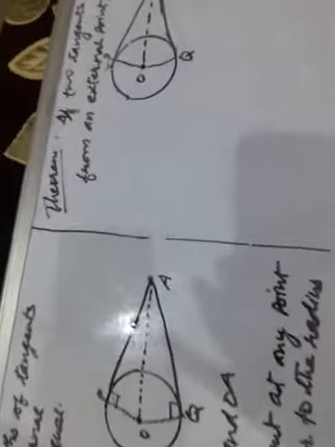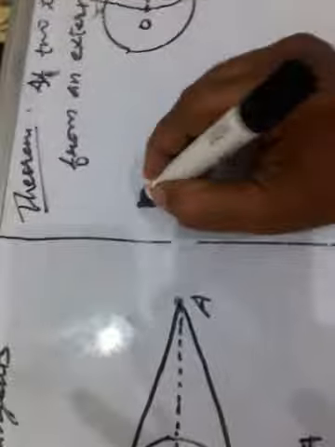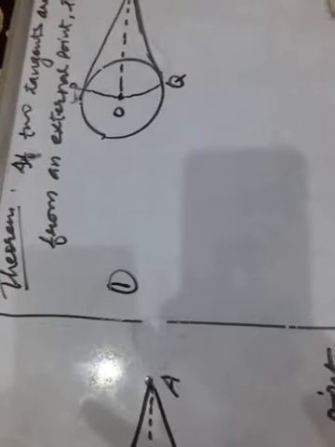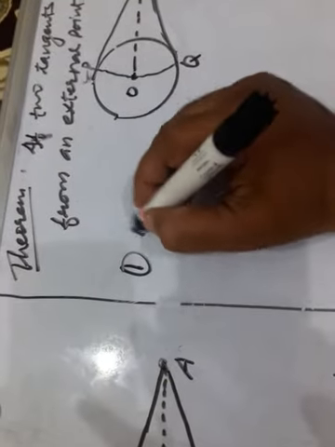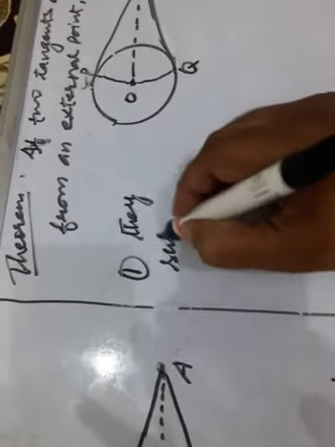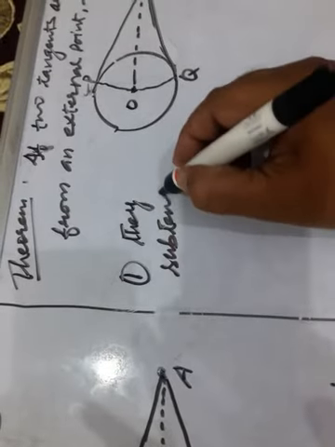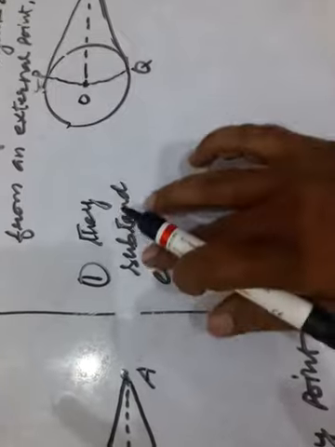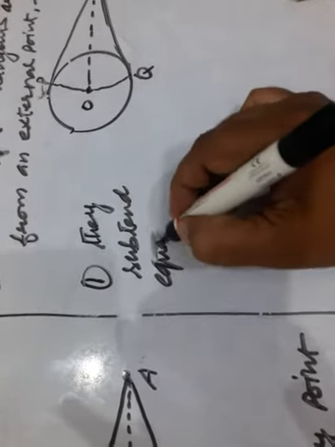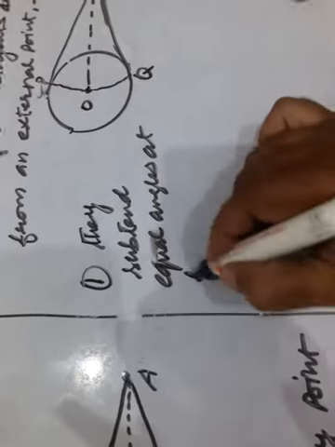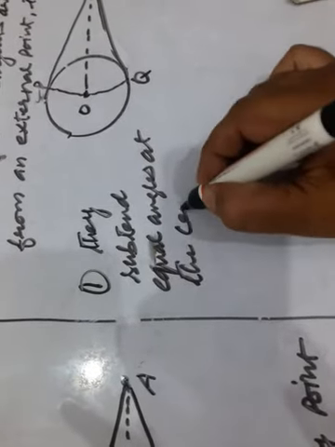Then what happens? Point number one: they subtend equal angles at the center.